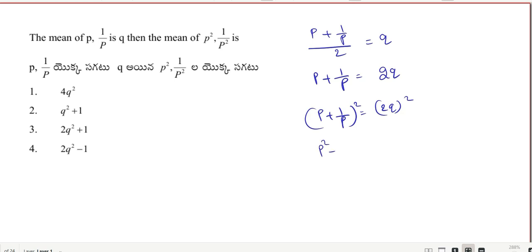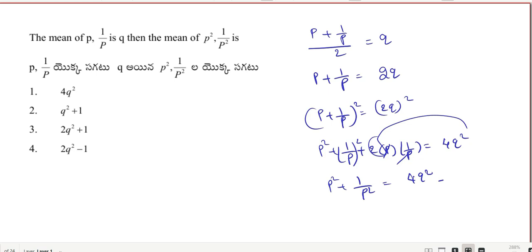This can be written as P square plus 1 by P square plus 2 times of P into 1 by P. That gives you 4Q square. Okay, P gets cancelled. So P square plus 1 by P square is equals to 4Q square minus 2. Okay, so what we are asked to find out is the mean of this.